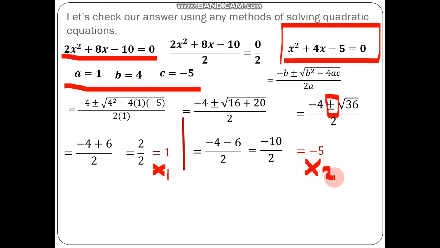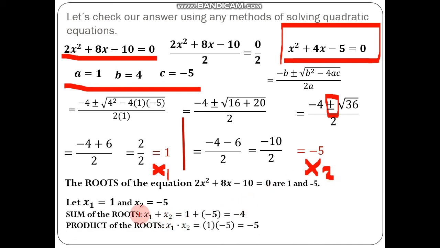Okay, so find the sum of the roots. X sub 1 plus x sub 2, we have 1 plus negative 5, which is negative 4. Wow, we have the same answer. The product, x sub 1 times x sub 2, so 1 times negative 5, we have negative 5.